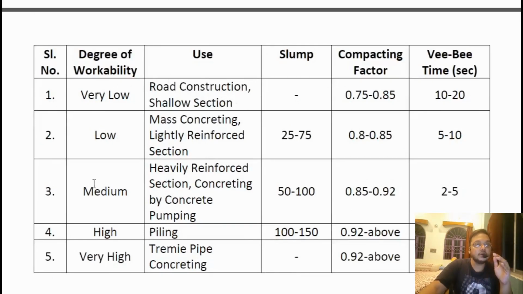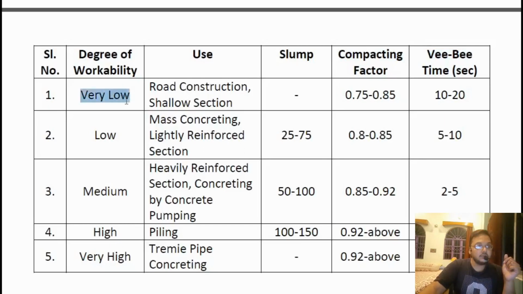Based on the degree of workability, we have given various uses to some kinds of concrete, and this workability is found with the help of the slump cone test, the compacting factor test, and the VB test. You can learn about these tests again in the material testing laboratory practicals, or in the building material theory subject.